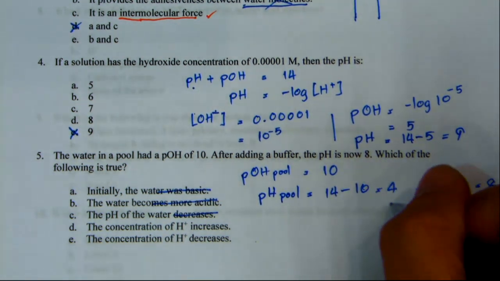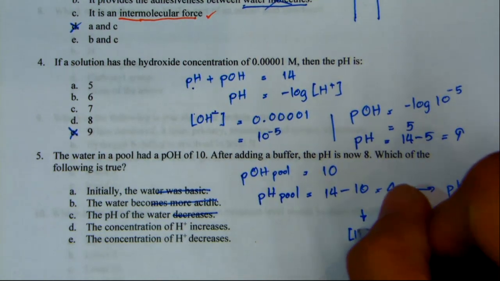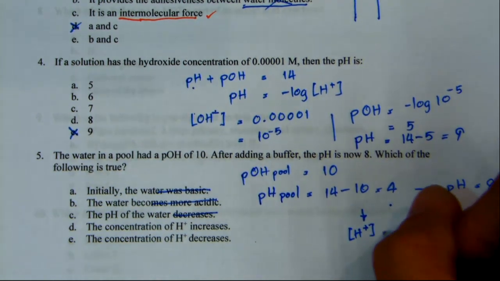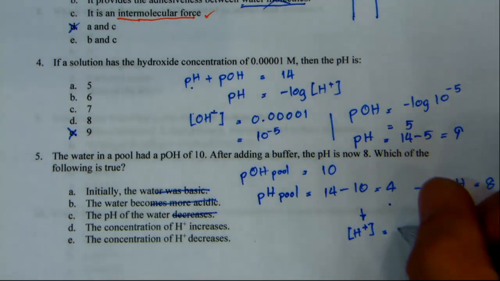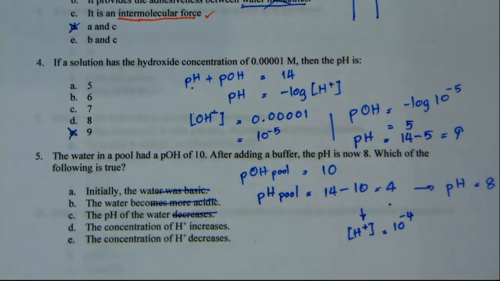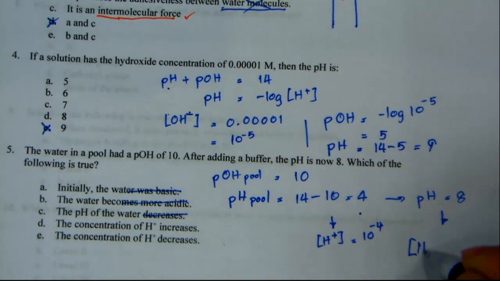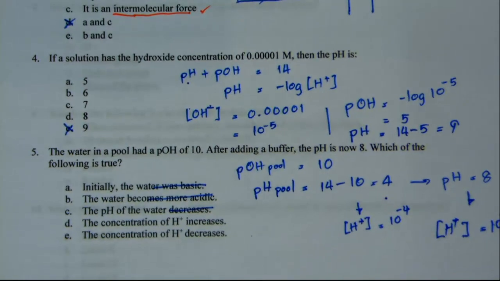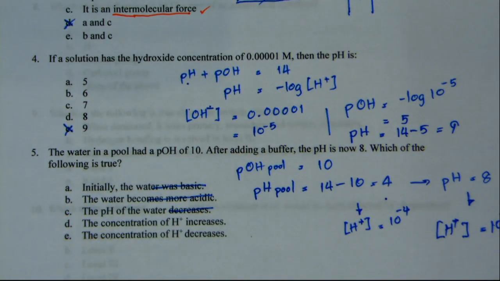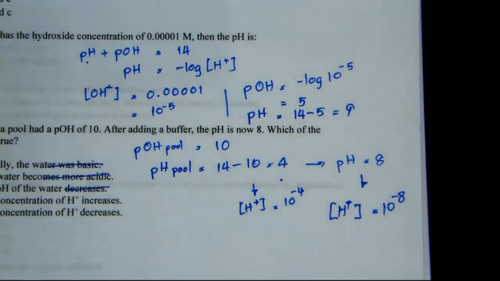So now the hydrogen concentration of this equals 10 to the negative 4, right? For this one, we'll have negative 8, okay? So is it increasing or decreasing?